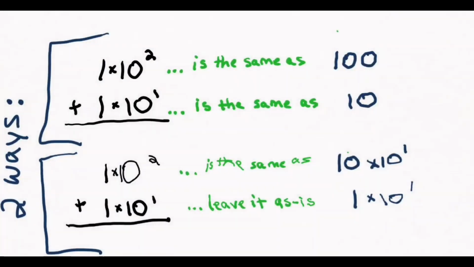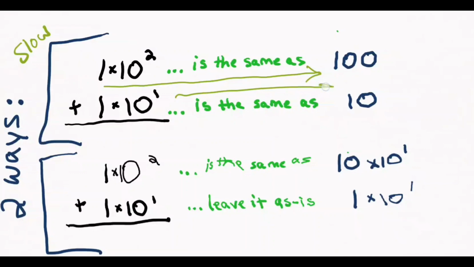And this is faster. Let me show you what I mean. Here is the slow way. You just get rid of scientific notation and turn it back into its regular number. So 1 times 10 to the 2 is 100. 1 times 10 to the 1 is 10. Then you can add them together and you get 110.